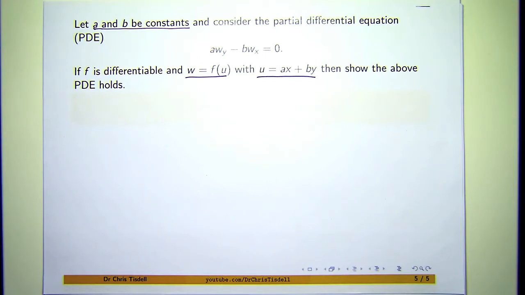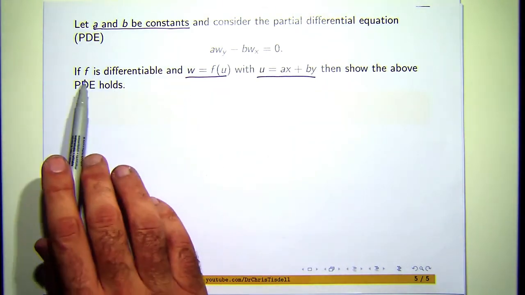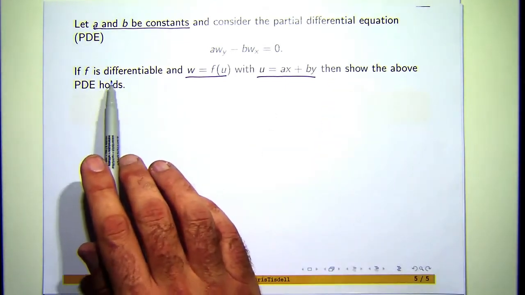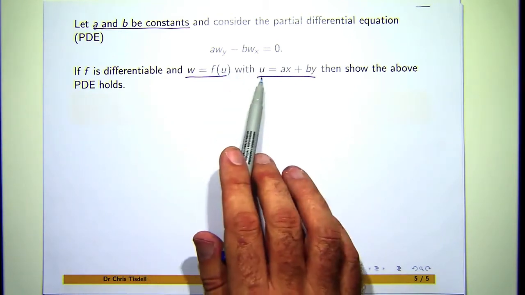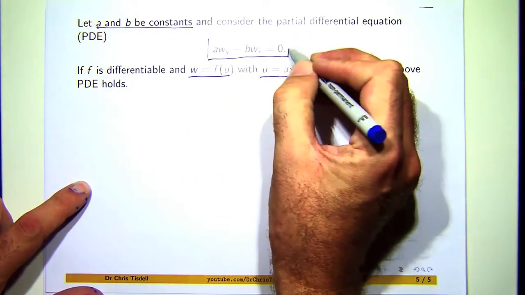Okay, so we're asked to show that, suppose f, we don't know what f is, all we know is that it's a differentiable function. Then if w equals f of u, where the intermediate variable u is ax plus by, show that the above PDE holds.